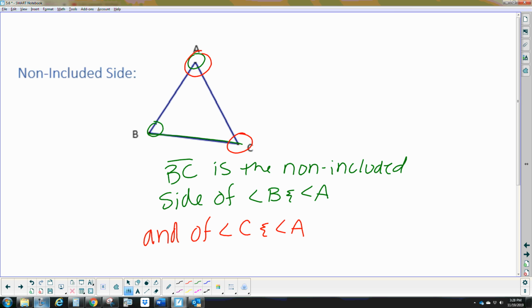So any other combination of angles, BC is a non-included side.